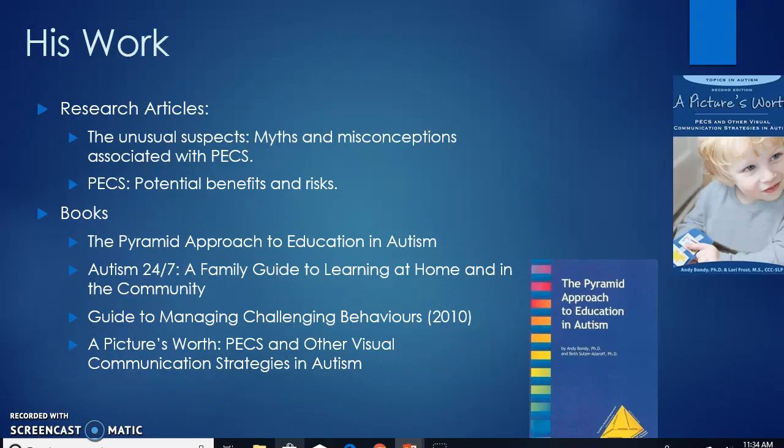Some of the books that he has written are The Pyramid Approach to Education in Autism, Autism 24/7: A Family Guide to Learning at Home and in the Community, Guide to Managing Challenging Behaviors, and A Picture's Worth: PECS and Other Communication Strategies in Autism. Before I talk to you about his research and some of his books, I would like to talk about what PECS is and what the Pyramid Approach is.